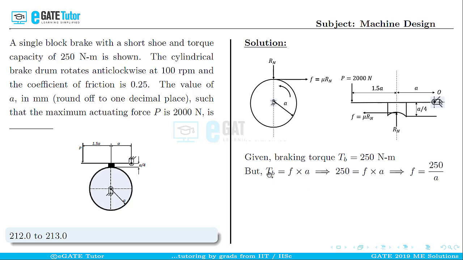Therefore, TB is equal to the friction force multiplied by the radius of the drum, which is A. Since TB is equal to 250, we can simplify this as F is equal to 250 by A. Next, we know that F is equal to mu into Rn. So F is equal to 250 by A, which is equal to mu, given as 0.25, into Rn. From this we can write Rn is equal to 1000 by A.